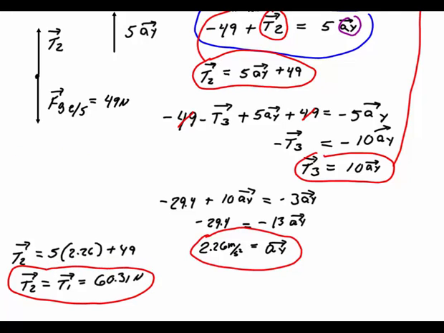And then to find T3, the easiest way is to use this equation right here, and we know that T3 is going to equal 10 times the acceleration we have here, 2.26, and that will give me 22.6 newtons, and that's going to be the value of T3.